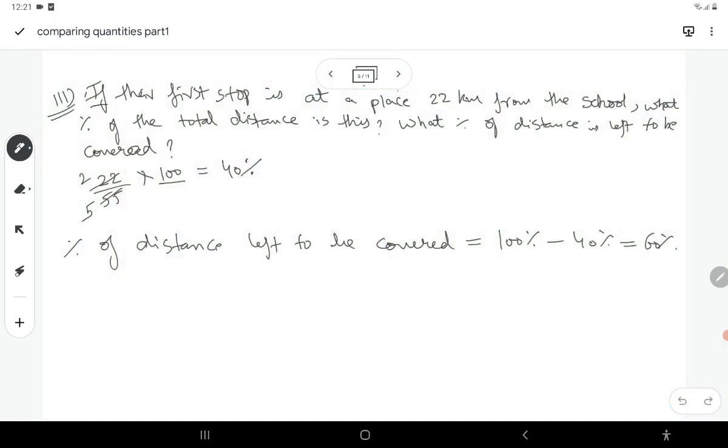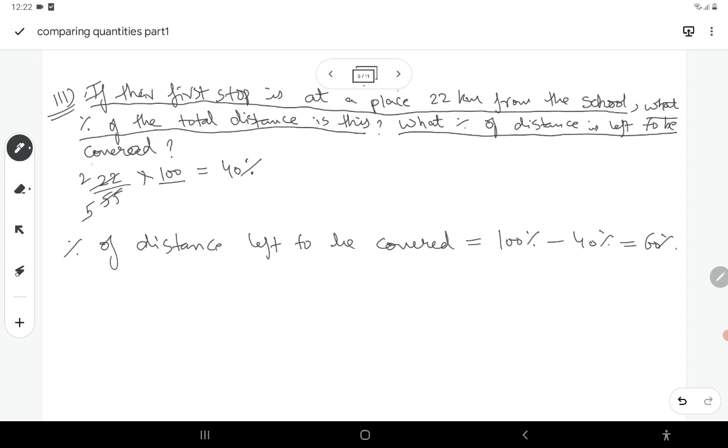The next part says, if their first stop is at a place 22 km from the school, what percent of the total distance is this? Also we have to find what percent of the distance is left to be covered. So the first stop is 22 km. What is the percentage of this from the total distance?